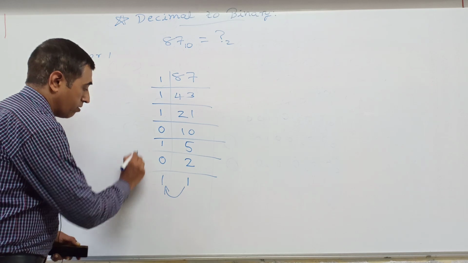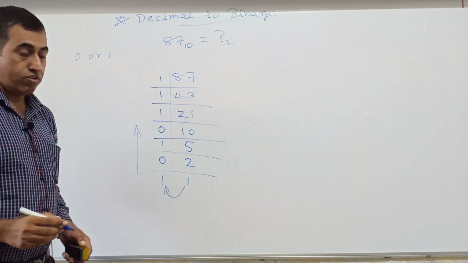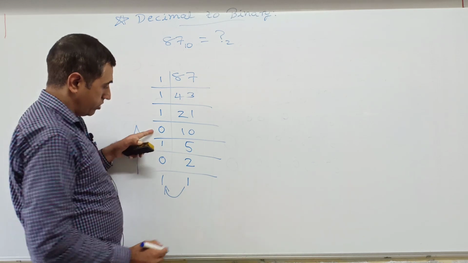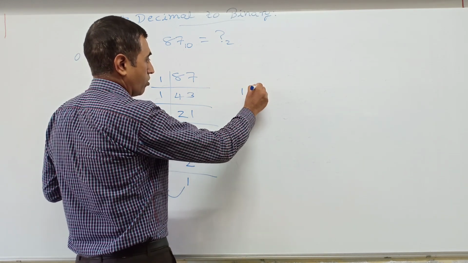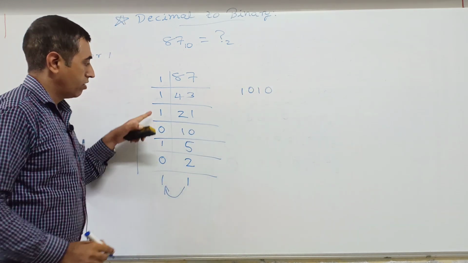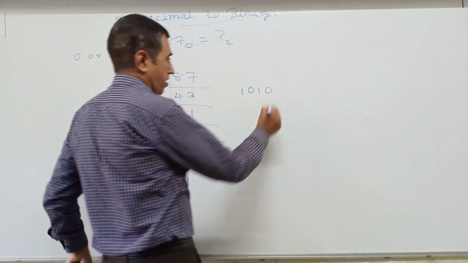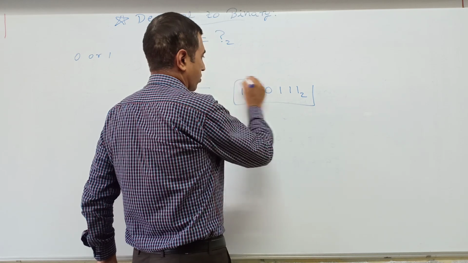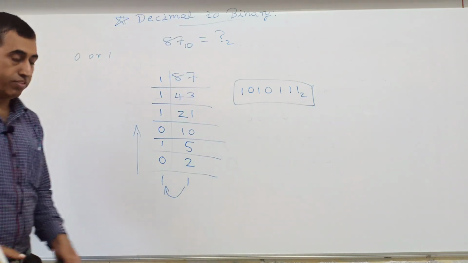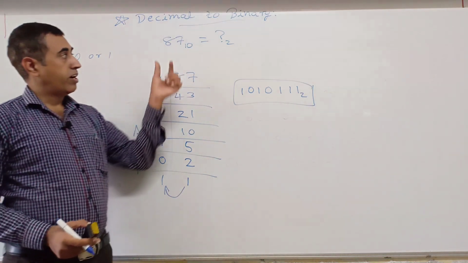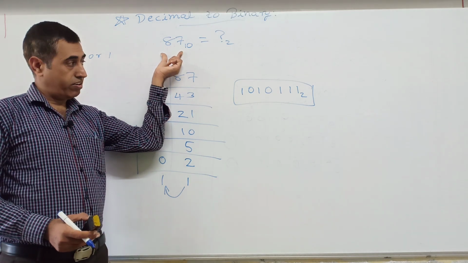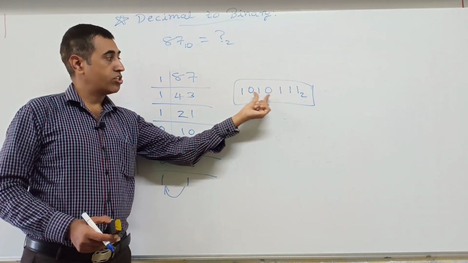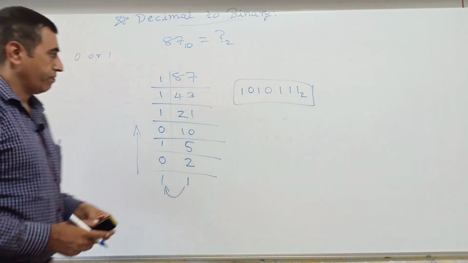And from bottom to top, one by one you have to write the digits. So 1 0 1 0 1 1 1. So this is the binary form. It means that 87 we can write this way in binary: 1010111.